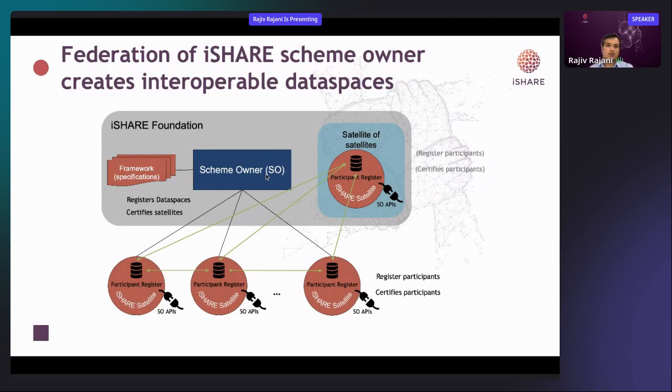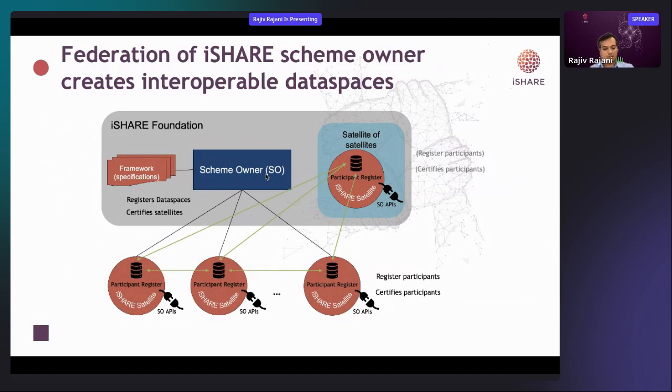A satellite cannot register another satellite, but a satellite can register any other participant like data owner, data provider, data consumer, identity provider, authorization registry, etc. The iSHARE Foundation, on one hand, registers data spaces, so it has a list of data spaces, and it also registers satellites within those data spaces.